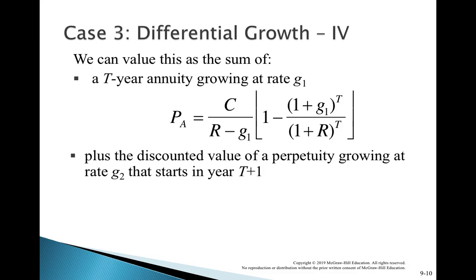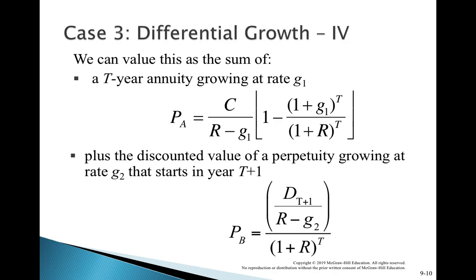First of all, we will calculate the present value of the dividends for the number of years it is at G1. Then we will calculate G2, and we will use the same case 2, D1 divided by R minus G. We will add both of them. For that, D1 divided by R minus G will be for perpetuity, divided by 1 plus R to make it present value.